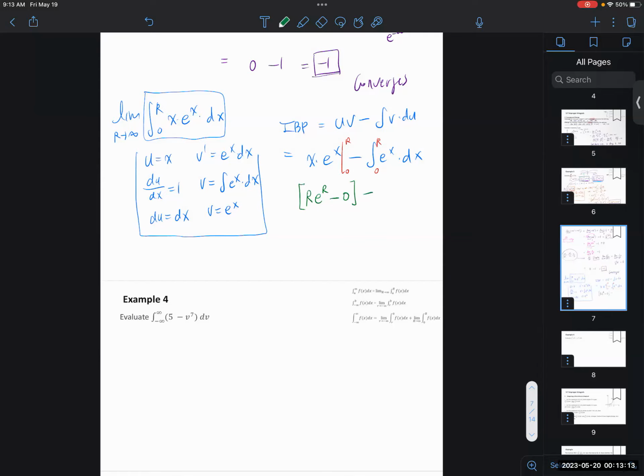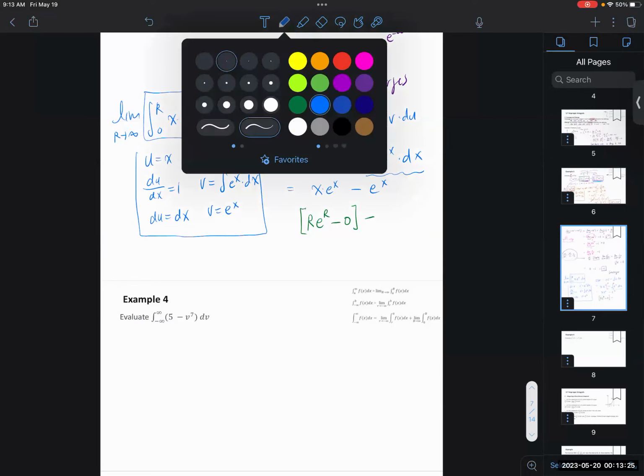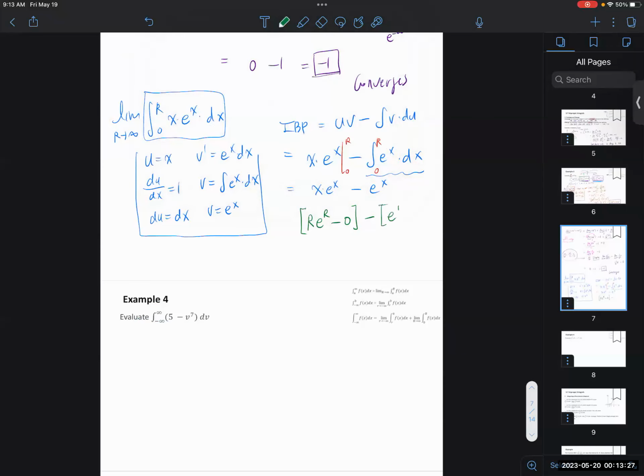And then this one, you will get e to the x, the same thing. So what I'm saying is x e to the x minus e to the x. The integral of e to the x is the same. So we're going to get e to the r minus e to the 0. There we go. And then you're going to take the limit, right?